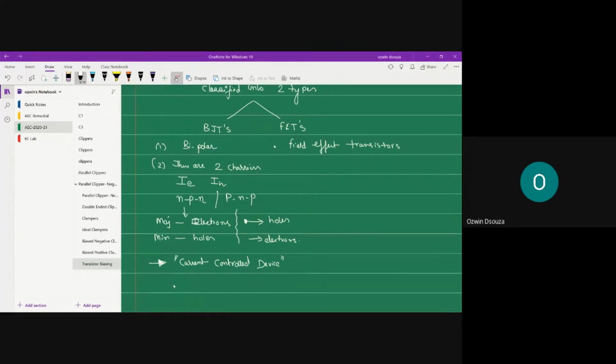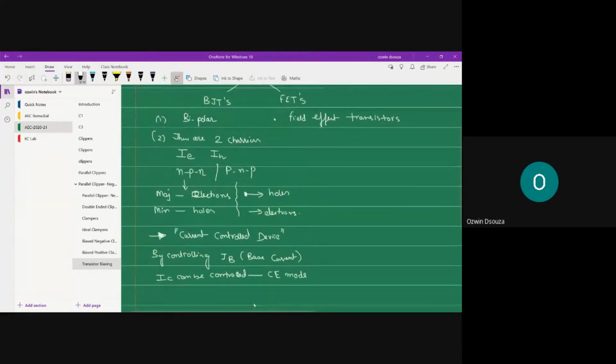That means to say by controlling IB, which is called the base current, IC can be controlled. Okay, so this is true for common emitter mode. In case of common collector mode, the current directions are going to change. You don't worry about it. Let me talk about common collector mode, common emitter mode, etc., in the upcoming discussions.